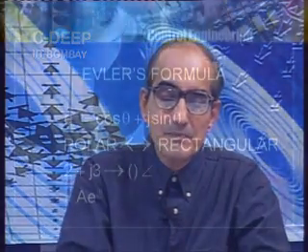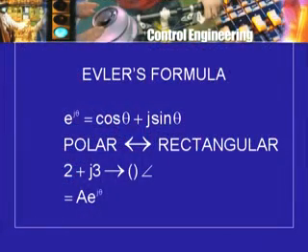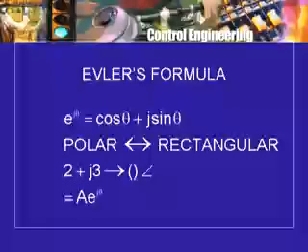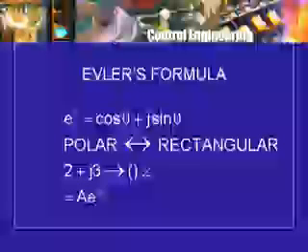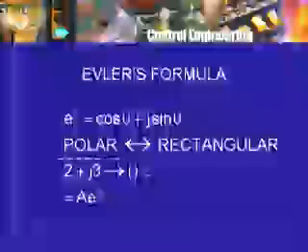Problems like this. A complex number is given in this form, let's say 2 plus j3, or in mathematics it will probably be written as 2 plus 3i. Change this into the so-called polar form, that is some positive number and some angle.